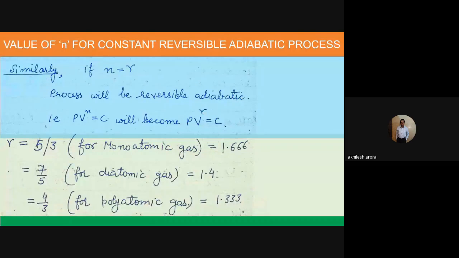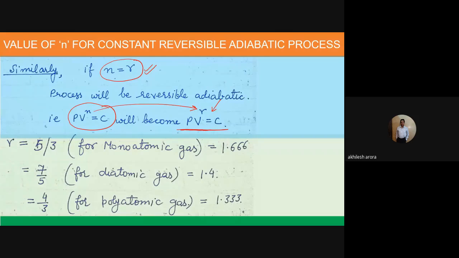Now suppose I take the value of n as gamma. Now this is the polytropic process. So what will happen? Instead of n, I am going to take gamma. So that means the polytropic process now becomes a reversible adiabatic process. So you replace n by gamma and you get the adiabatic process.